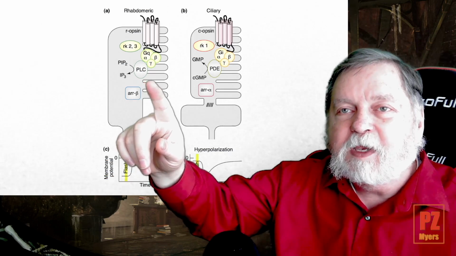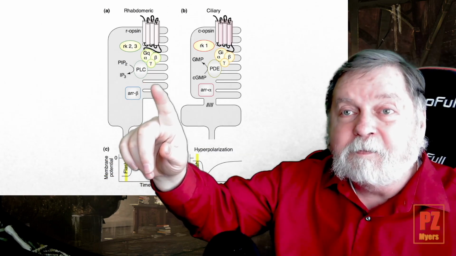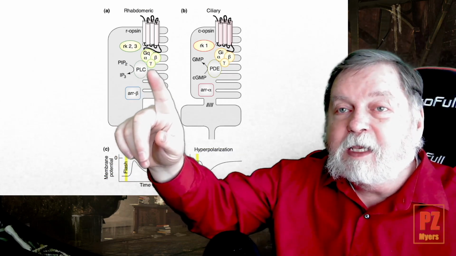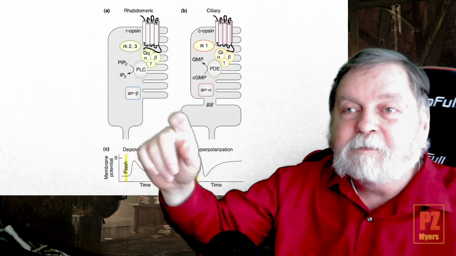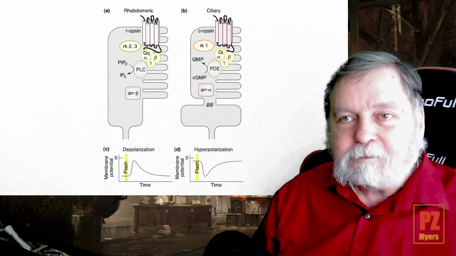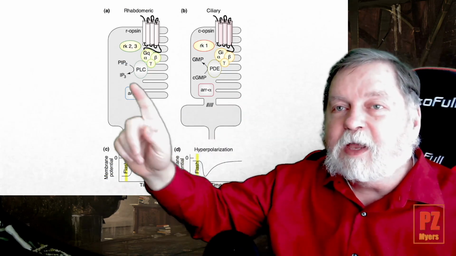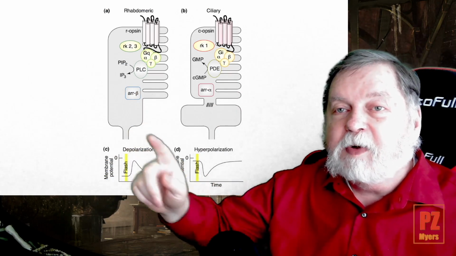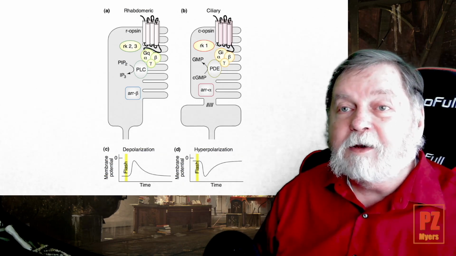That's phospholipase C, which is a very different enzyme. Phospholipase C breaks down phosphoinositol phosphate into inositol phosphate. Yes, a twist. Very exciting. Okay, so we're going to break that down. And inositol phosphate then binds to a membrane channel and opens it.